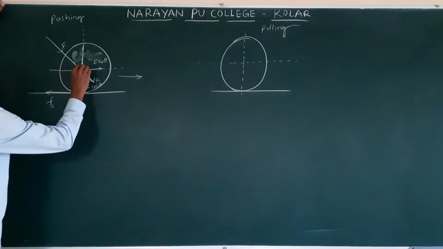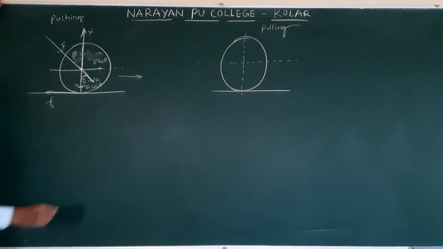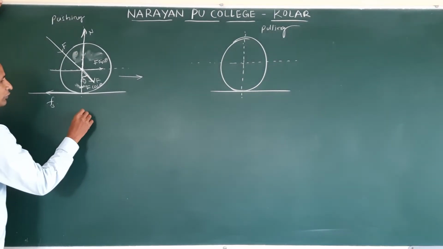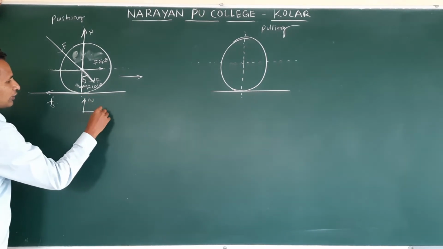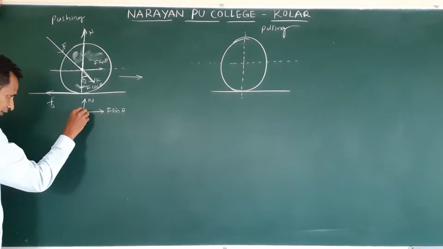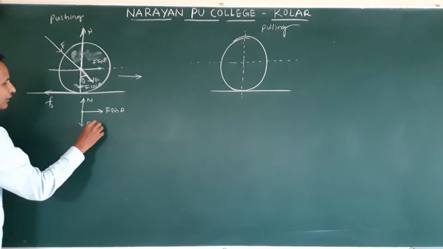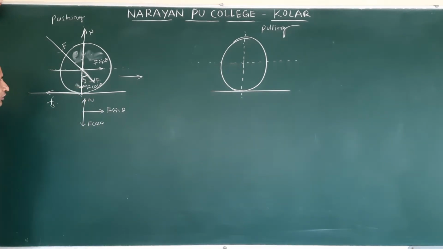And normal reaction acts upwards. Now, free body diagram: normal reaction is acting upwards, F sin theta acting like this, F cos theta acting like this. What about mg? Mg is also acting downwards.